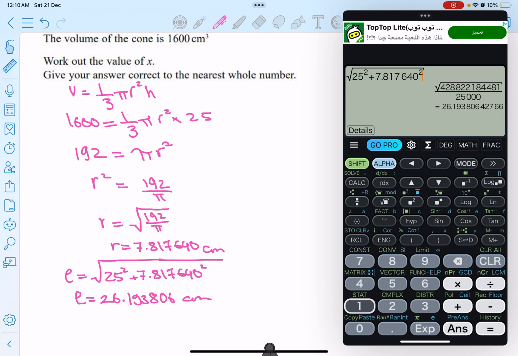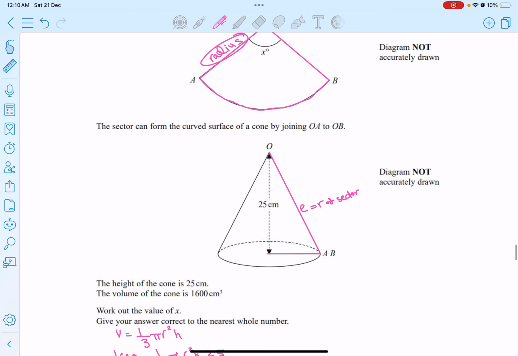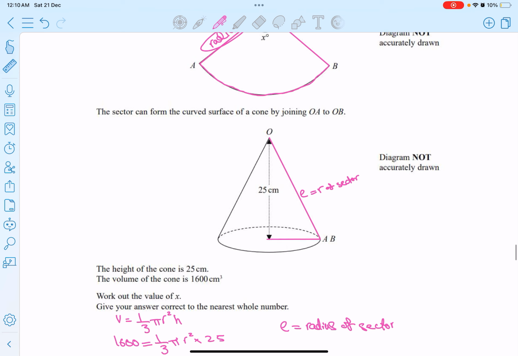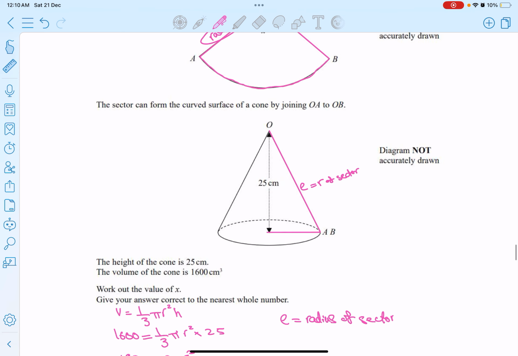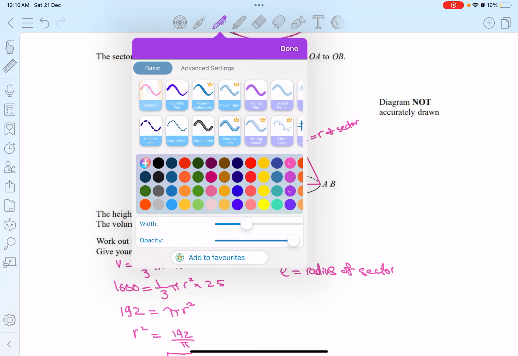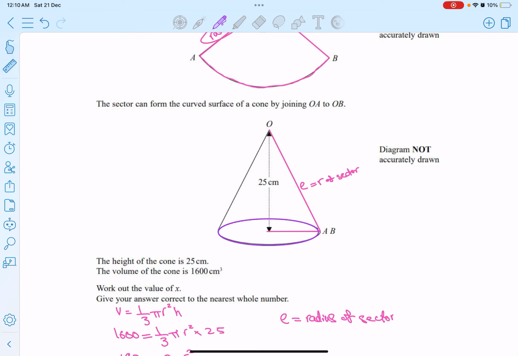Okay, this is in centimeters. From the slant height here, I know that the slant height L is equal to the radius of the sector. Also there is something I wanted to tell you, which is that this circle's circumference is equal to the arc length.